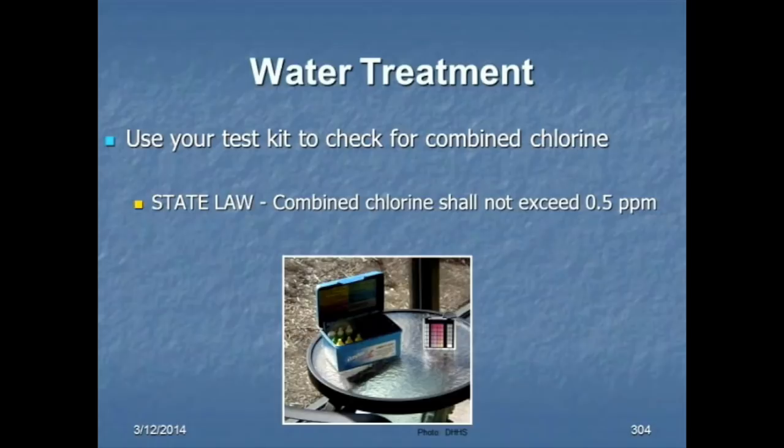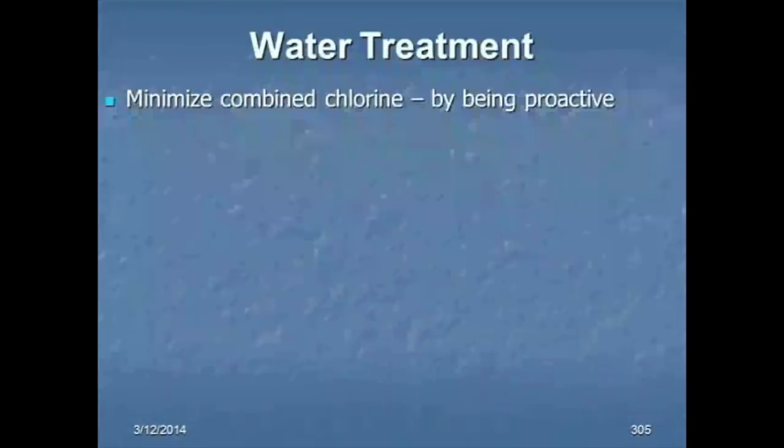The state law for combined chlorine, we allow up to, but not to exceed 0.5 parts per million. 0.5 parts per million would be okay. Anything above that exceeds the state's minimums, and the pool needs to be closed. That is the state law.